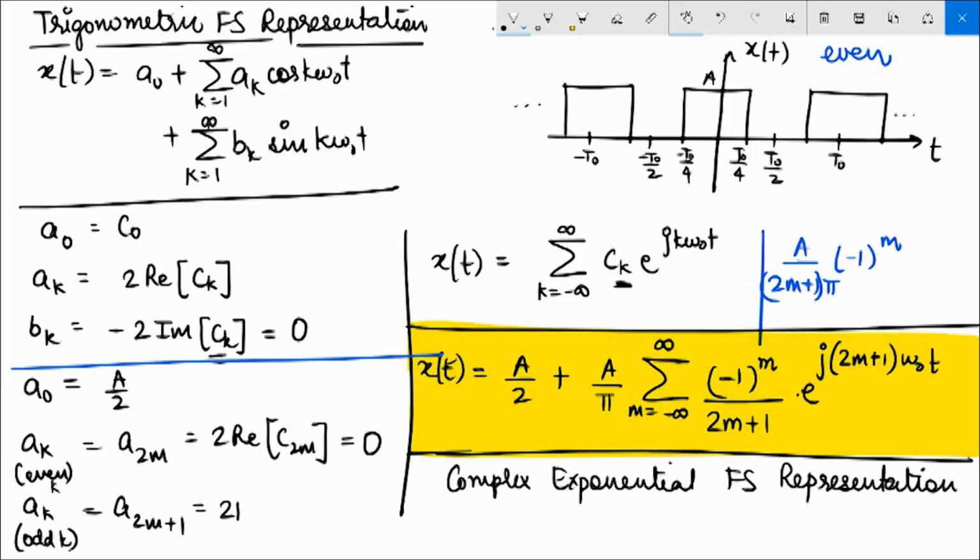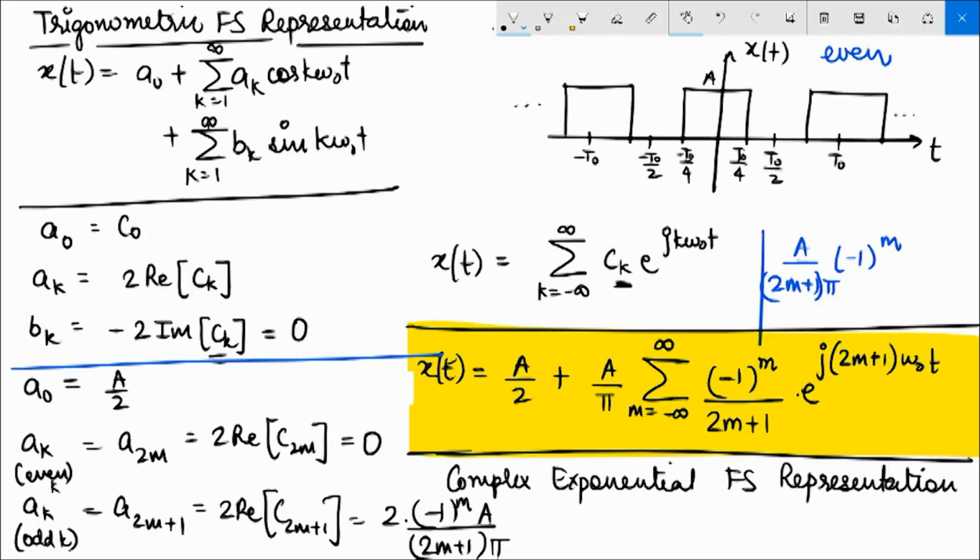This would be equal to 2 real part of c2m plus 1, meaning real part of all the odd ck's. This would be equal to 2 into the real part of odd k's, that is equal to minus 1 to the power m a upon 2m plus 1 pi, and all the bk's are 0.